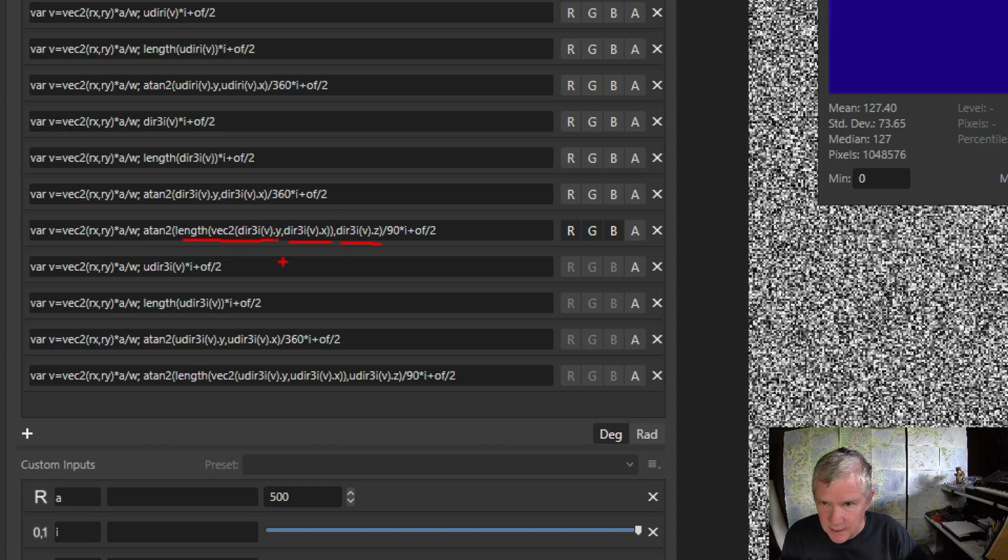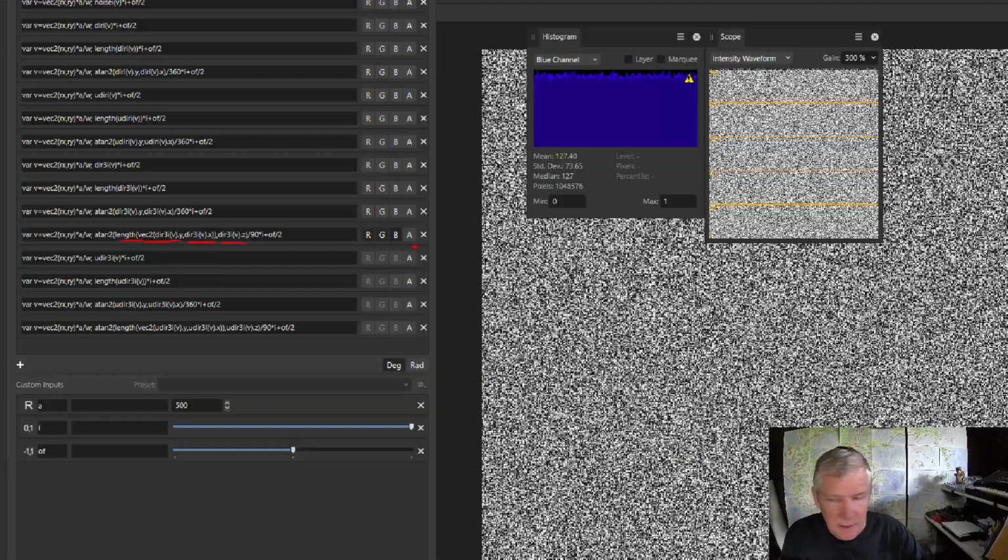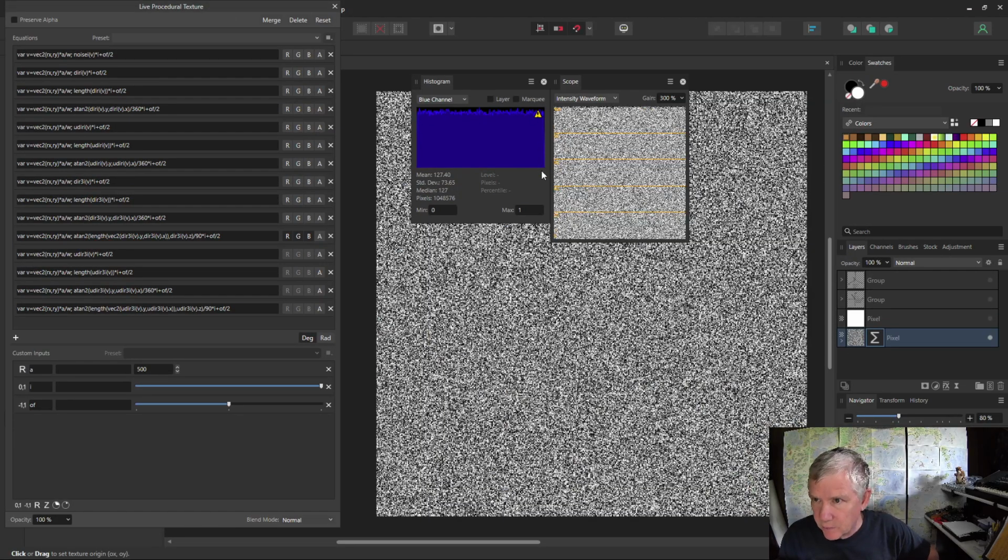Okay, so those are the two things. So this is the same as that line I just showed you, and then this is the z dimension going up. So I give it those two elements and divide by 90 degrees, times i. And let's look at how that came out. So that gives me a nice uniform distribution.